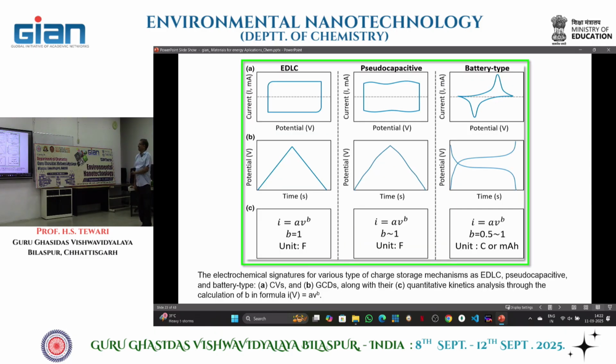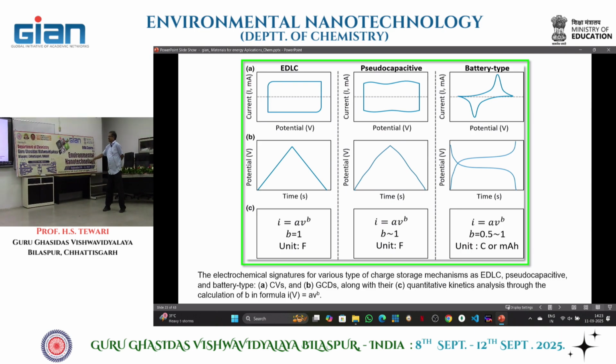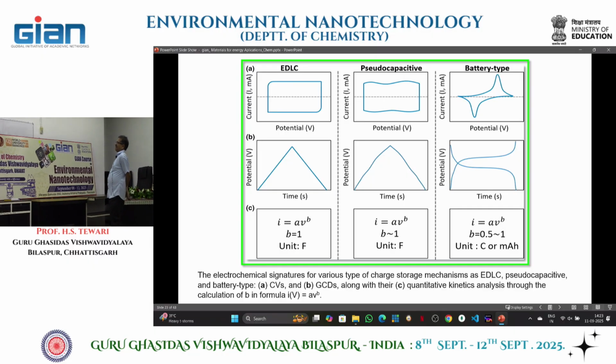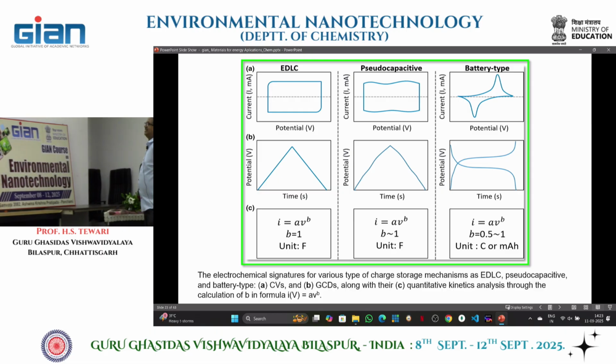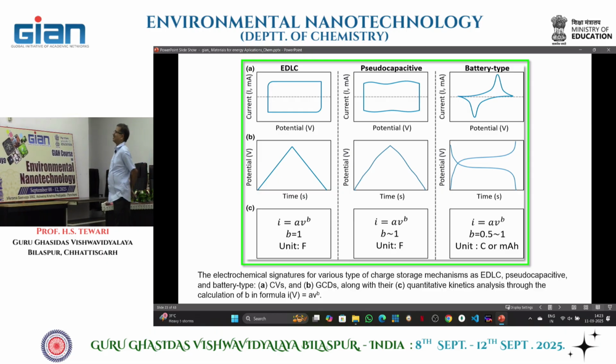Then this is the IV dependence, which I have written as I equals a V power b. The value of b will differentiate between these three. In the first case, when you have EDLC, then b is 1. If the value of b is approximately equal to 1, then that is for this one. The next is for GCD, and the third one is for battery type of materials.